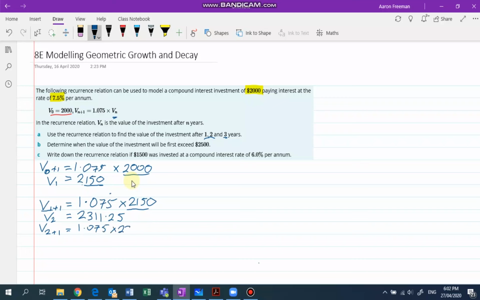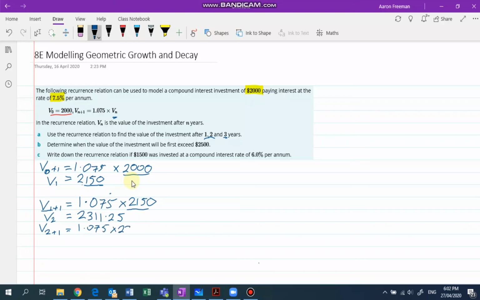Now, if you keep these in your calculator, you can just keep hitting times 1.075 multiplied by the answer, which is what I'm doing. So times that by 1.075, and that now equals 2484.59375.